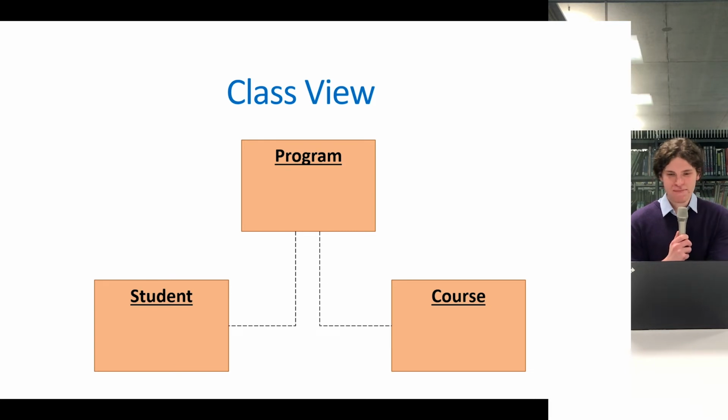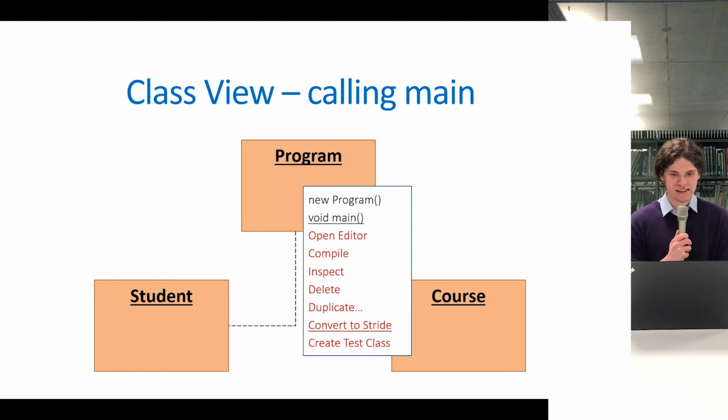With calling the main method, you can just directly right-click on the class, and then in the list of options, you can select main and call that, and then that will execute the code in your main method, which is where we can start the application.